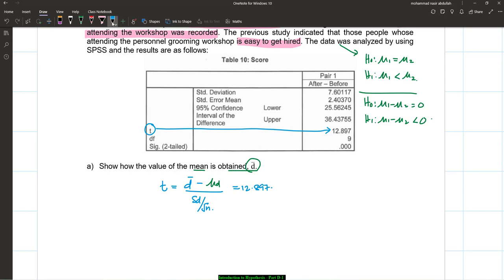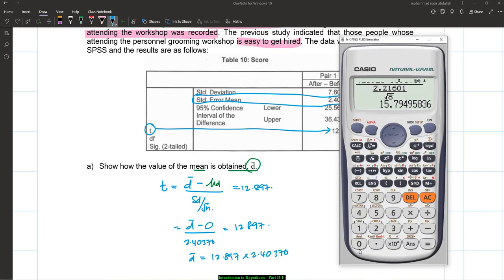12.897. So d bar minus 0 divided by the standard error of the mean. The standard error of the mean is 2.40370, and this is equal to 12.897. So from here we can find the value of d bar. It should be equal to 12.897 multiplied by 2.40370.